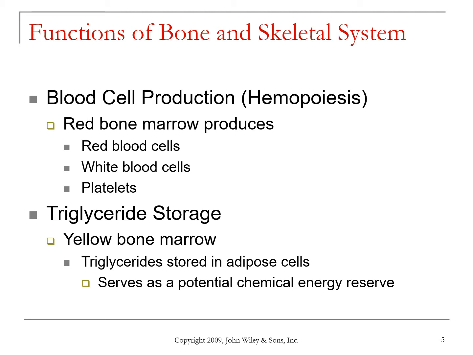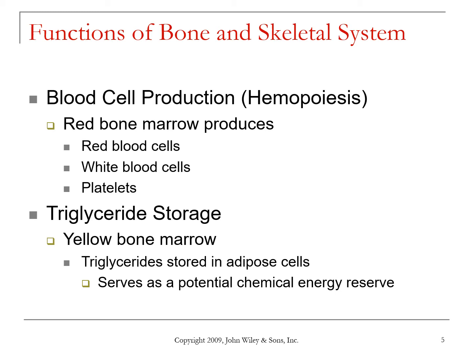And this process occurs from pluripotent stem cells in red bone marrow. So red bone marrow fills the cavities of bones in children, all cavities, so the spaces in the spongy bones and the spaces in the large medullary cavity of long bones. That is all red bone marrow that produces blood cells.